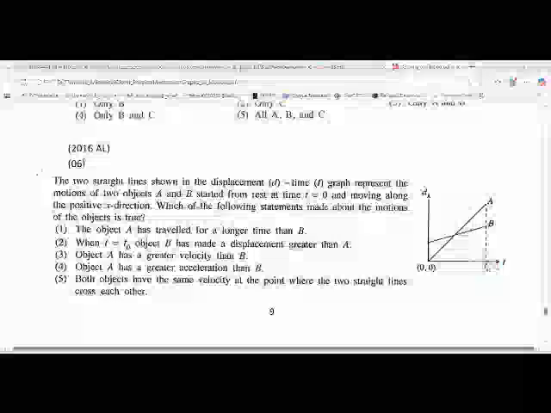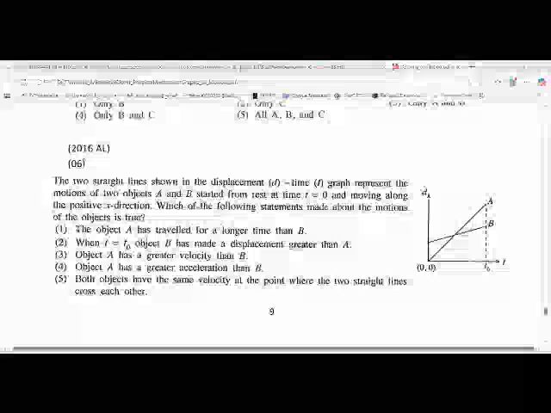When T equals T naught, object B has made a displacement greater than A. It's also wrong. Right? Then the B displacement is here and the A displacement is greater than B. Third one, object A has greater velocity than B.